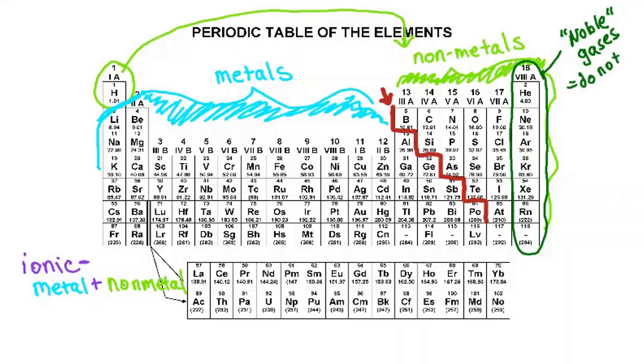And so the joke was that they're too noble to hang out with the rest of us, to hang out with the regular people. So that's why they're named noble gases. It was just a joke among scientists at first, making fun of rich hoity-toity people. So they're noble gases because they don't bond with anybody else.